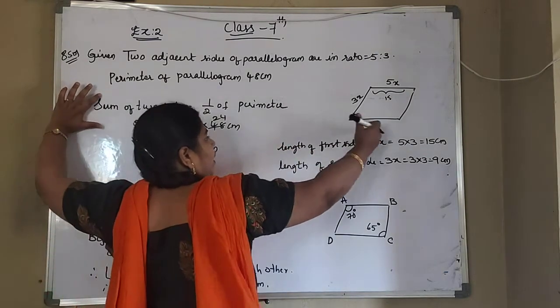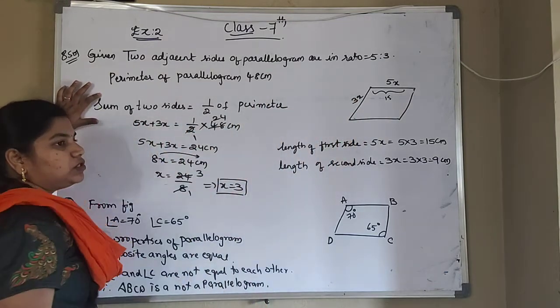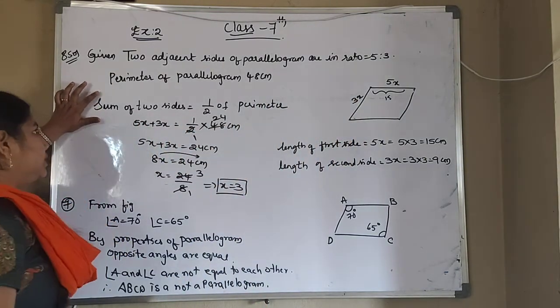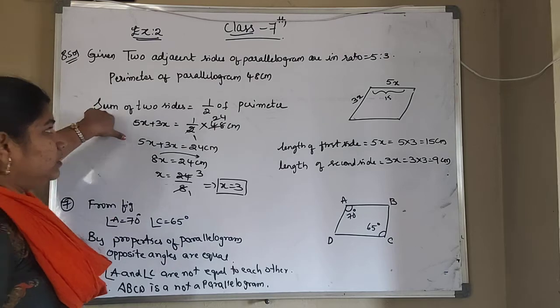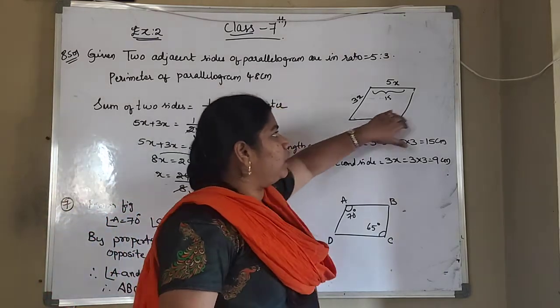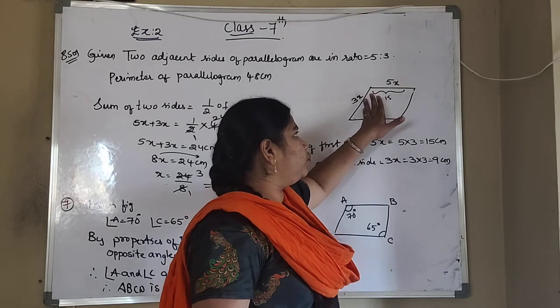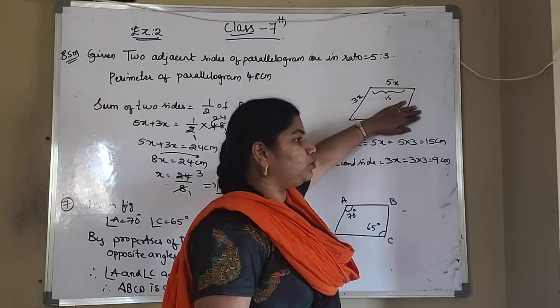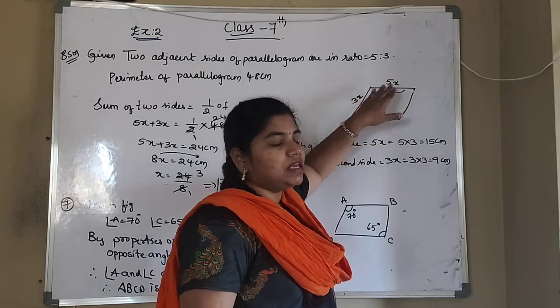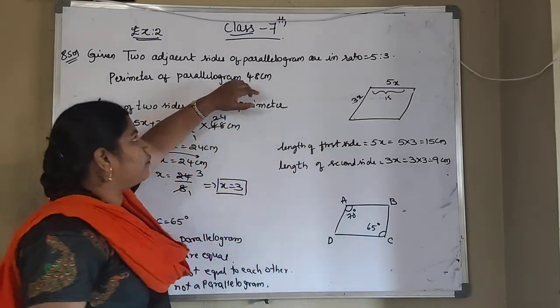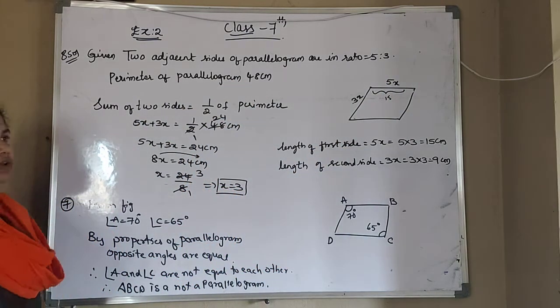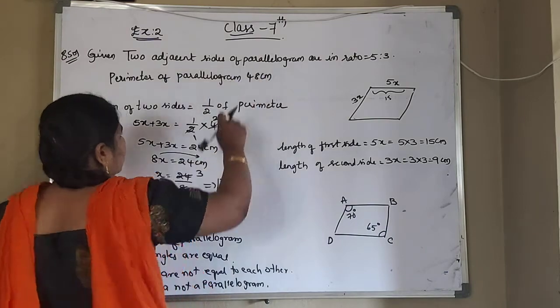If you add all the sides, that will be equal to 48 centimeters. But they have given only two sides, not the other two sides. So we are dividing this 48 by 2.